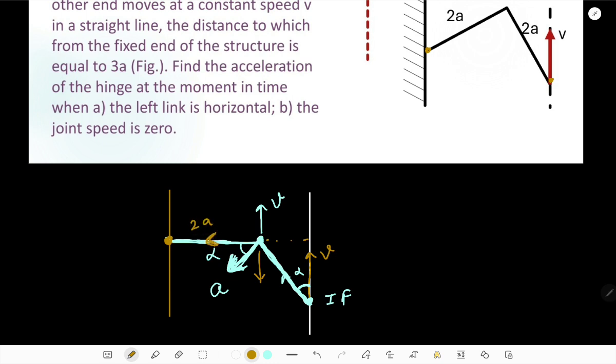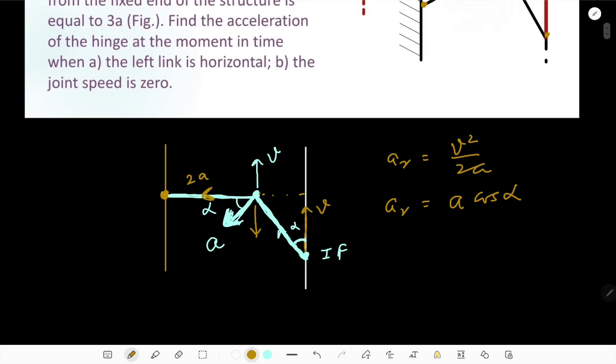So its radial acceleration of this point should be v square by 2a, and this radial acceleration is the component of net acceleration of the hinge, and that is a cos alpha. That means v square by 2a is equal to a cos alpha.